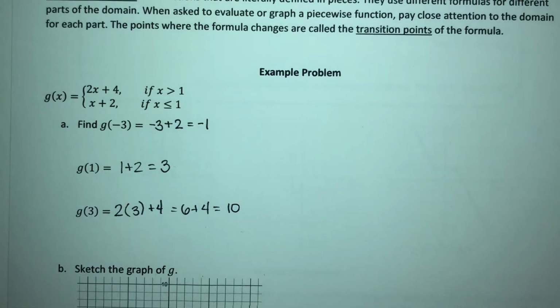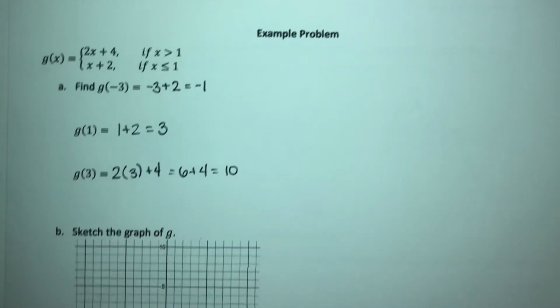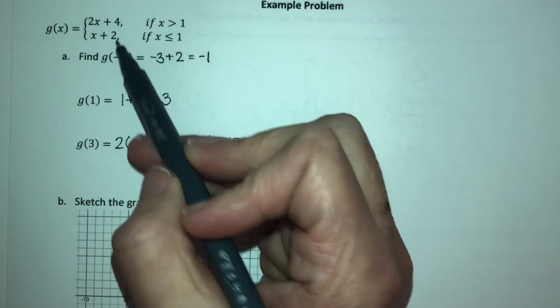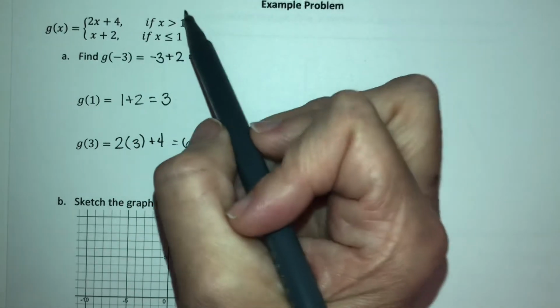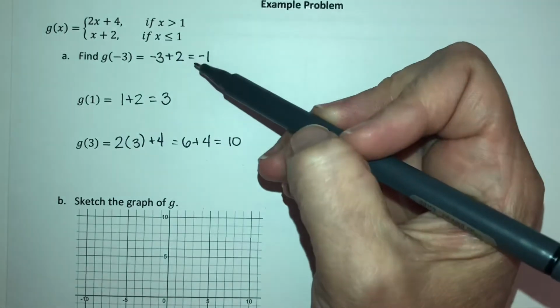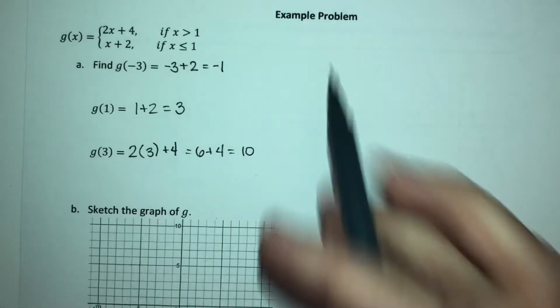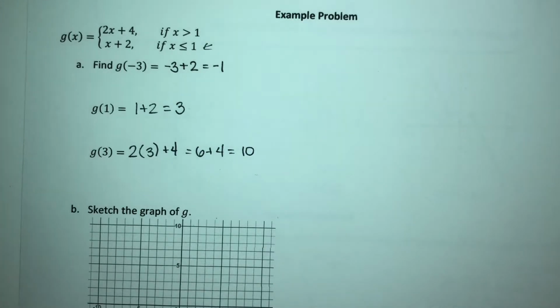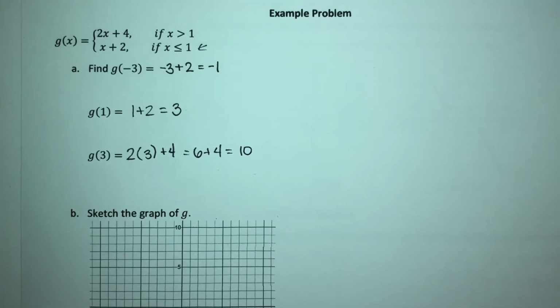Okay, so now we want to talk about how to graph these things. What we're going to do is graph each of these two lines and then limit them to these particular domains. Now I'm going to start off with this one just because it is probably the most basic one.